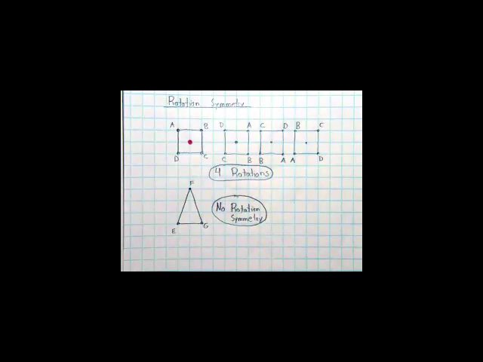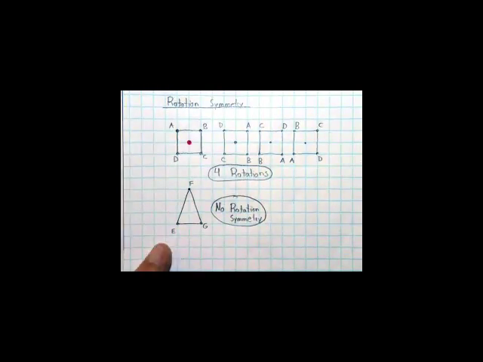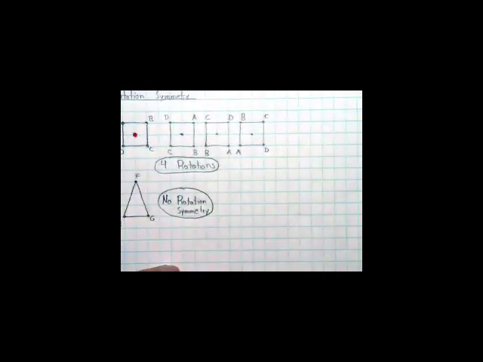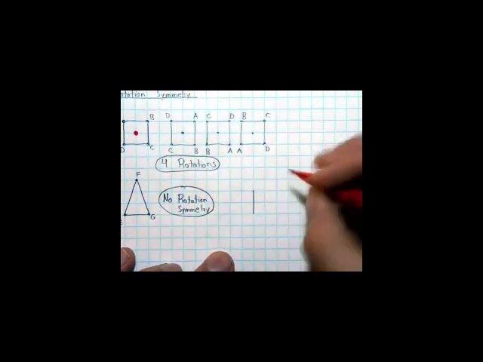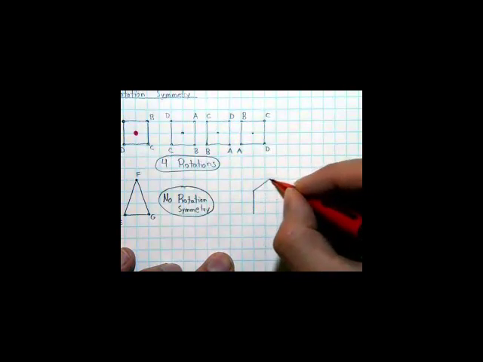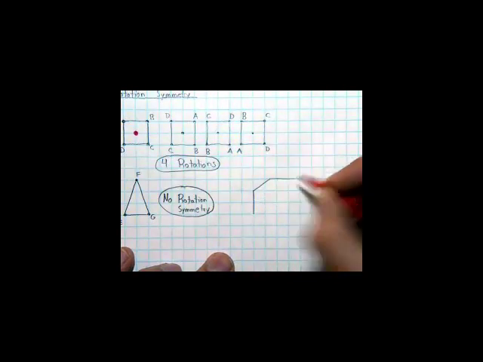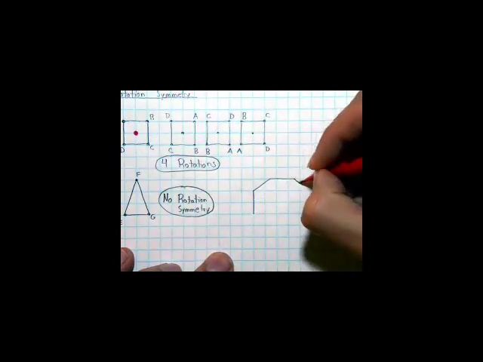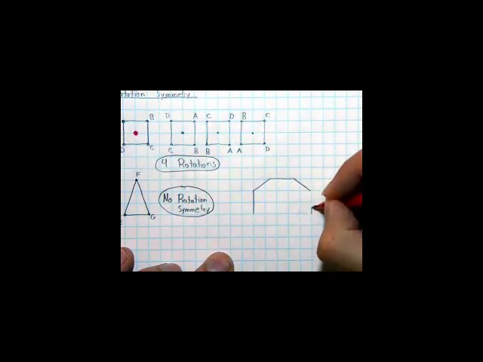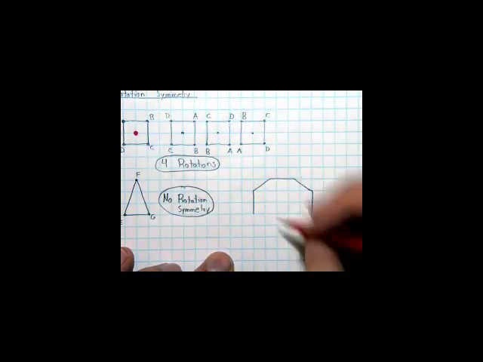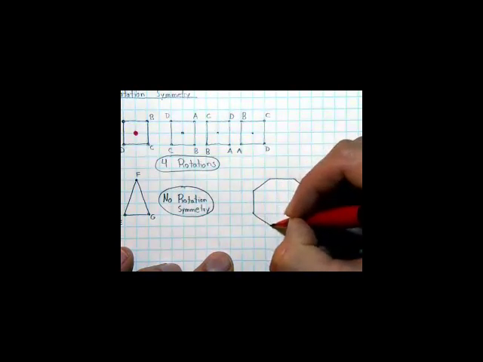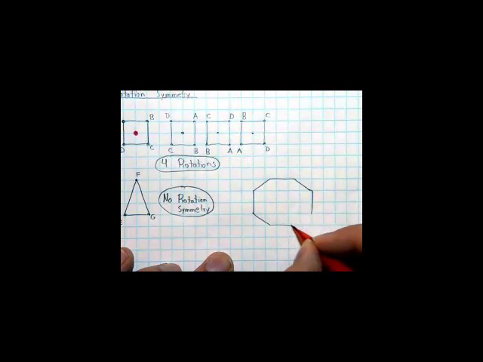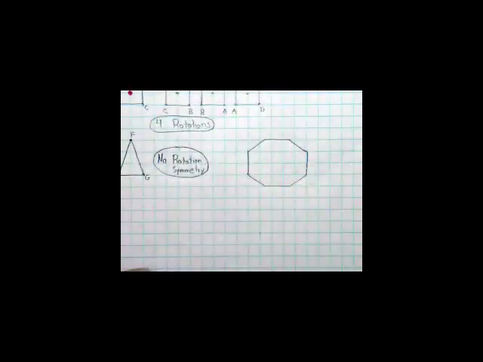Okay, how about... Now this one, you have to assume that this is a regular polygon. I'm not entirely certain that this is, but... Okay, so it's like a stop sign or whatever.